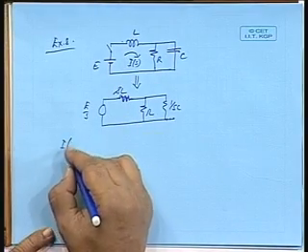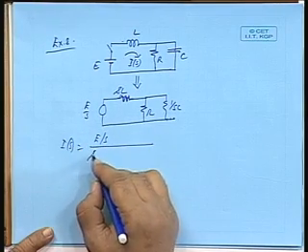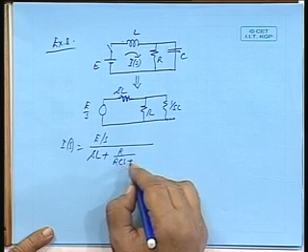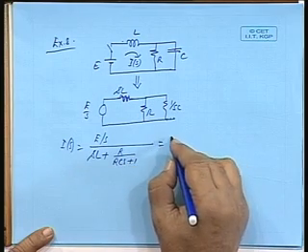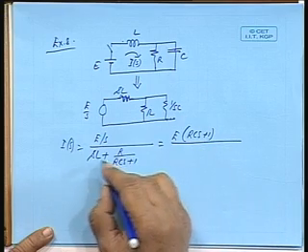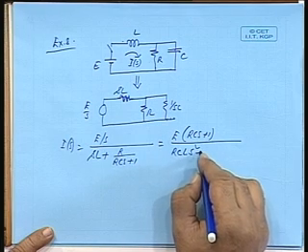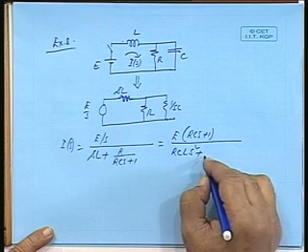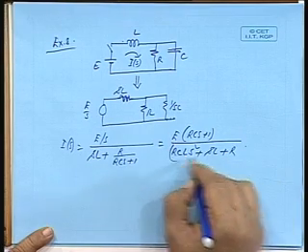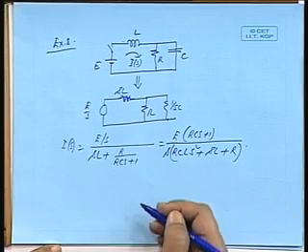So, IS will be E by S divided by the total impedance: SL plus the combination of this, which will be R by RCS plus 1. So, if I combine, it will be E into RCS plus 1 divided by RCL S squared plus SL plus R, into S. This will be the expression for IS.